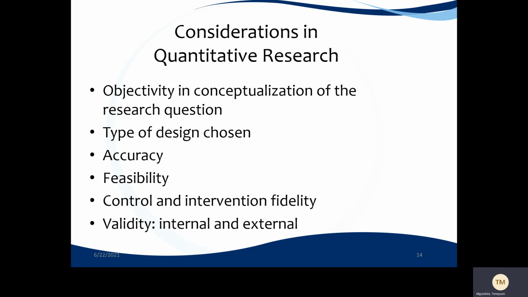That's the first bit. Then, of course, the other thing is that in quantitative research, there are different options within quantitative research, and each of them, once you choose that option, it commits you to certain things. And each of those options are associated with varying levels of accuracy.